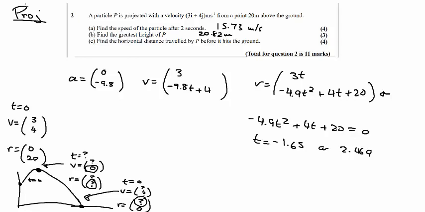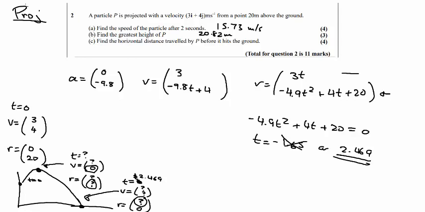Maybe underline it, but show clearly you have got that number. What we've just done is unlocked it: this happened at T equals 2.469. Remember, time is what makes everything happen. Put it in there, times it by 3, and you'll get your answer.